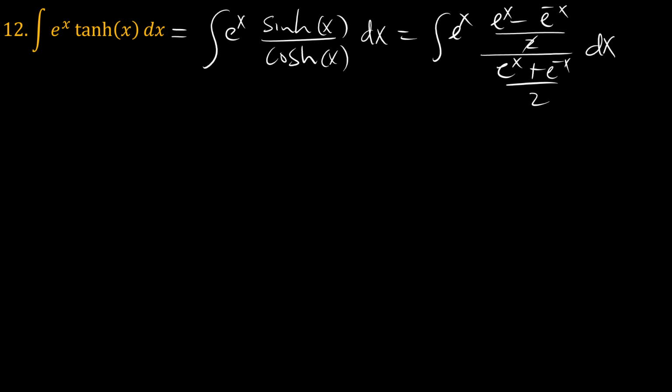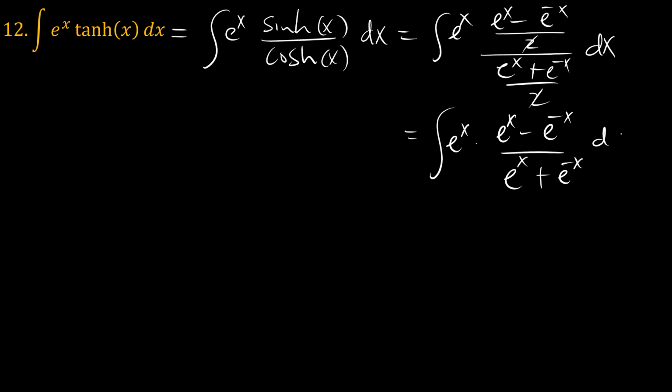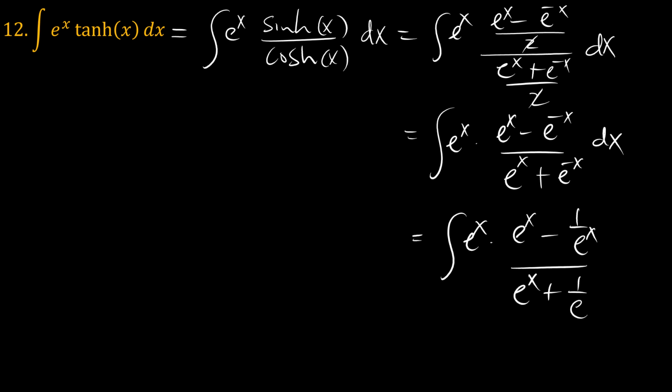So those 2s cancel out, and eventually you have e to the x times e to the x over e to the x. And so what happens here is that now you have e to the x minus 1 over e to the x, right?